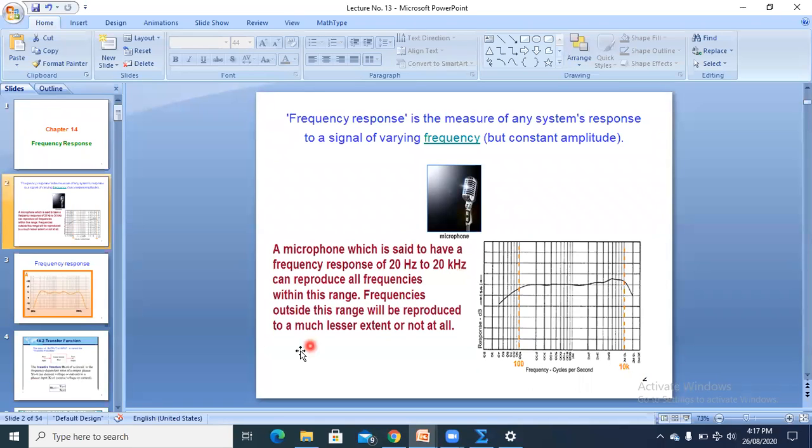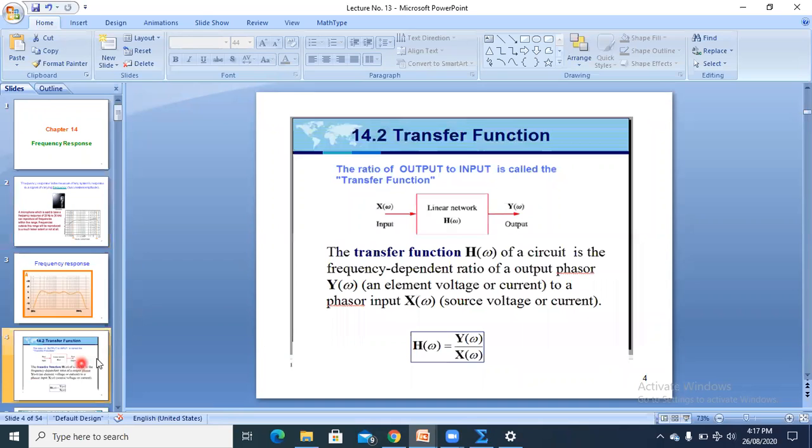So, for example, we have a linear network, right? This linear network may contain a combination of RLC components.